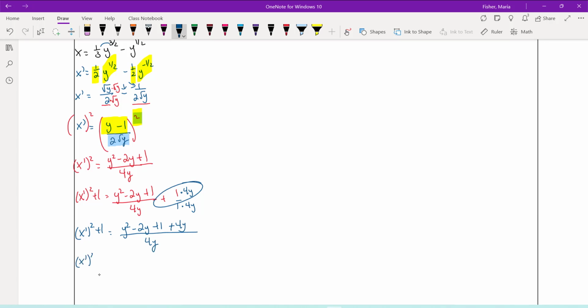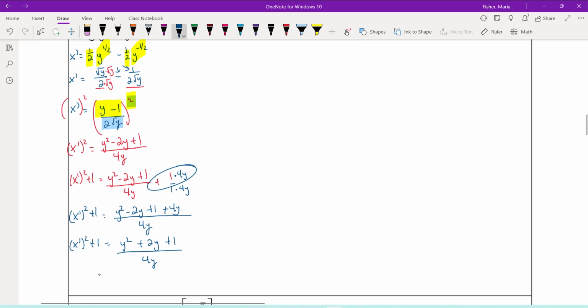Combining like terms there, I end up with y squared plus 2y plus 1 all over 4y. The last thing I can do before I put this in my formula is realize that this guy here can be factored. That's a perfect square trinomial. It factors as y plus 1 quantity squared, because y plus 1 times y plus 1 is going to give me that y squared plus 2y plus 1.